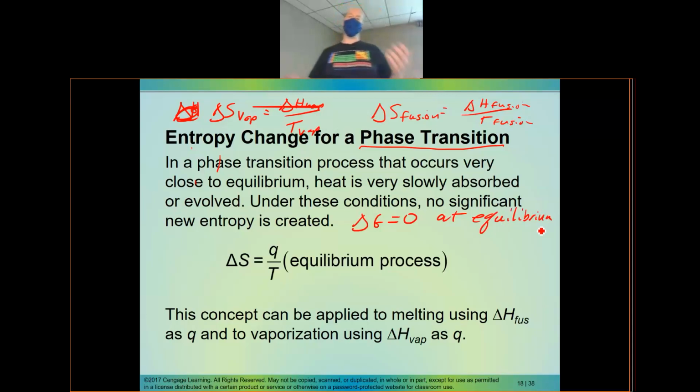So if we are freezing water and we're at 0 degrees Celsius, it is not spontaneous to the right, it is not spontaneous to the left, it is in a perfect equilibrium. And so the delta G is 0 at equilibrium. Of course, if we raise the temperature above 0, then it is going to melt. If we lower the temperature below 0, it is going to freeze.